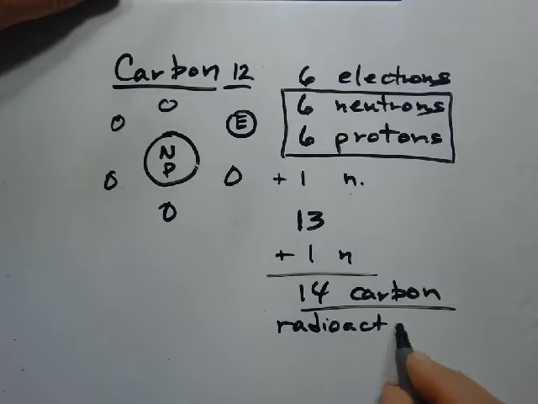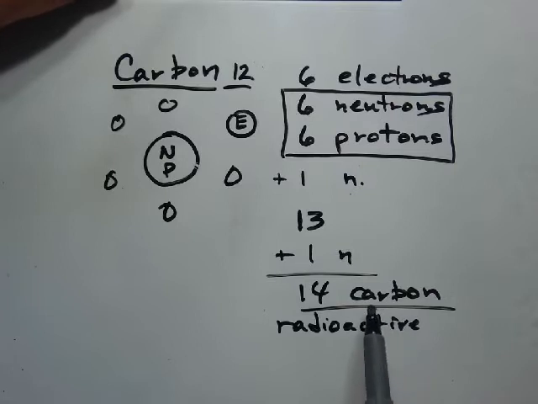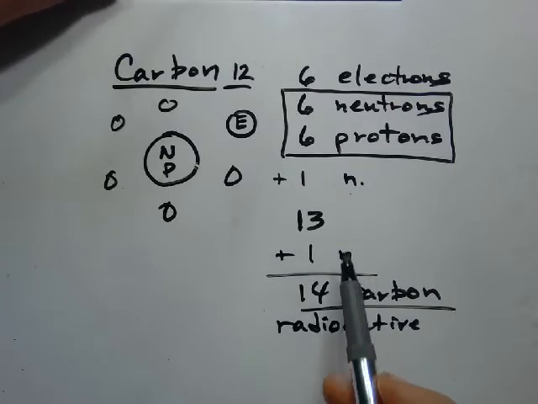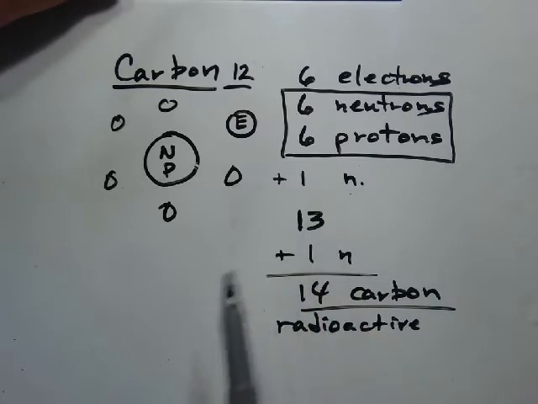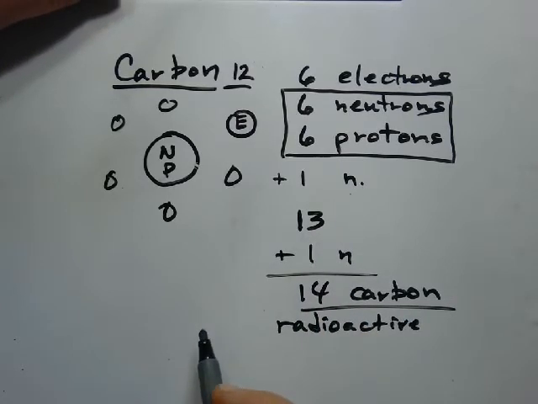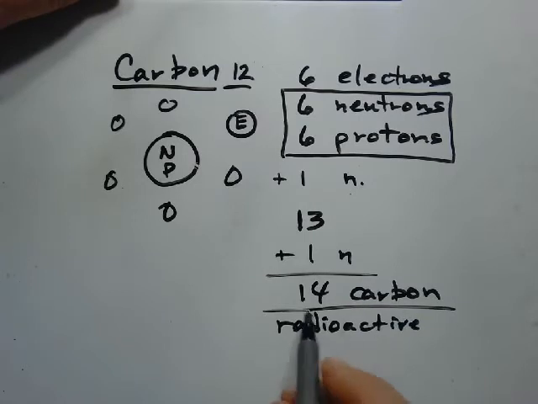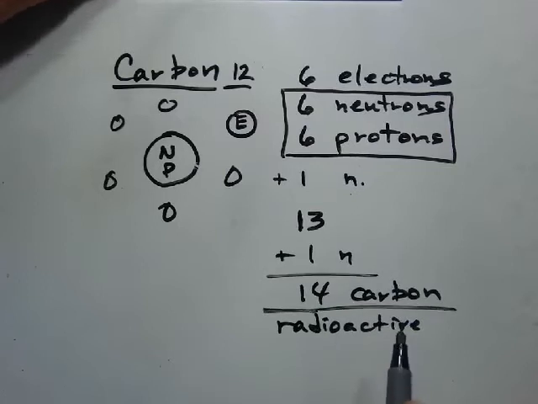Well, when something gets to be carbon-14, it's what's called radioactive. And radioactive simply means that this particular carbon is really yearning to get rid of one of those elements, or maybe both of them, that have been added unnaturally. It's a little bit like a mutation. The element's been kind of mutated because it has extra. And this occurs all the time in nature.